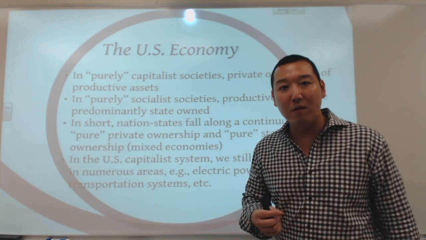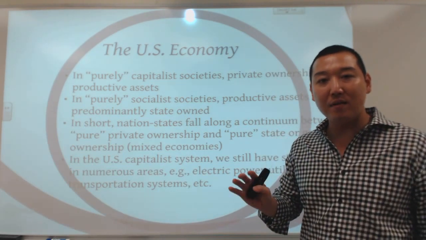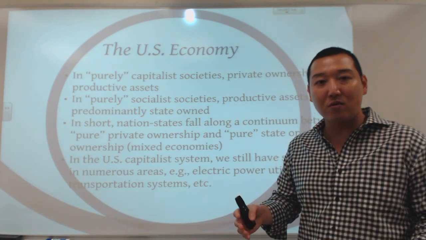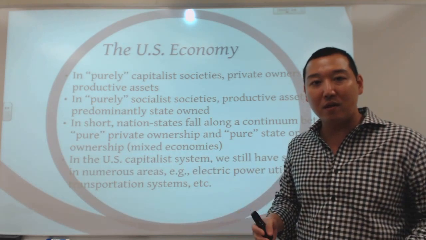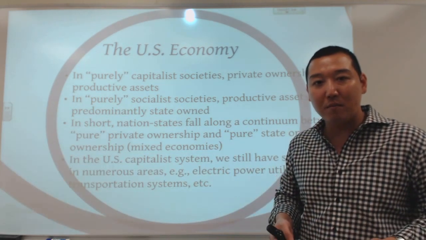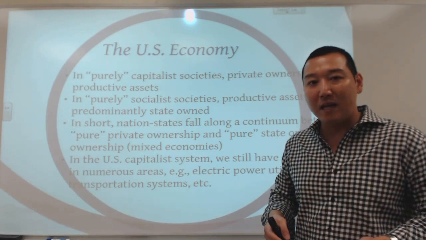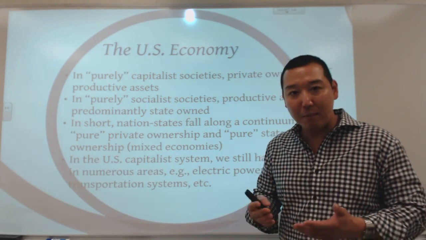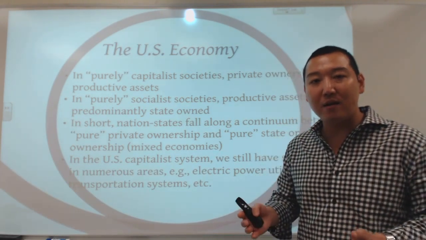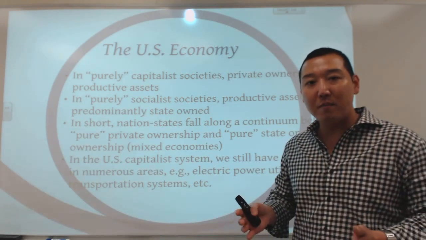And so where we allow private entities to decide those questions, those economies are mostly characterized as capitalistic in nature. They're capitalist economies where we have private individuals or private entities answering those basic fundamental economic questions.